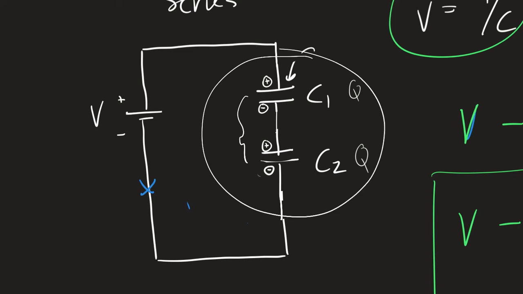I'm trying to be very careful, because if I took these two capacitors, disconnected them, and reconnected them in parallel, then I would be able to use those charges differently. So it's a good question, but you need to be careful about this.